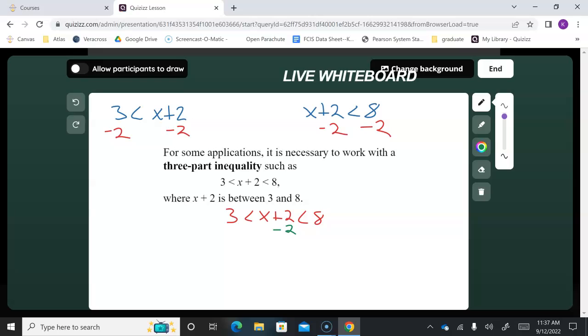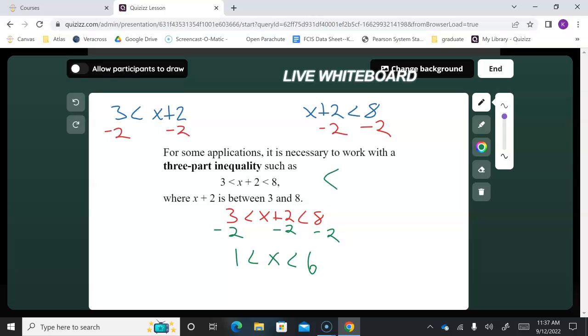But instead of doing it to both sides, we're going to do it to all 3 parts, because that's the only way we can keep it equal. So I get 1 is less than x is less than 6, which means x is between 1 and 6.